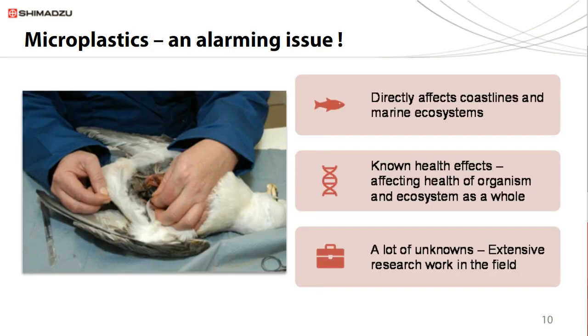It is well known that microplastics is an environmental problem that adversely affects coastlines and marine ecosystems. Although it is a big unknown at this point, microplastics have the potential to affect human health as they've been found in seafoods. Microplastics eaten by larger marine animals generally pass through their bodies.